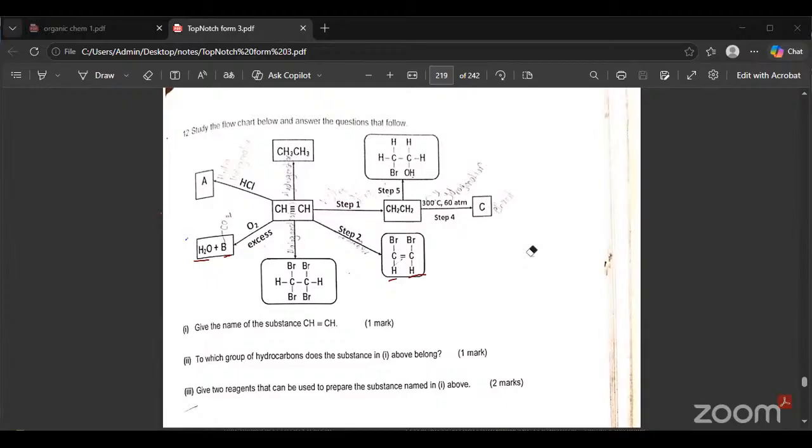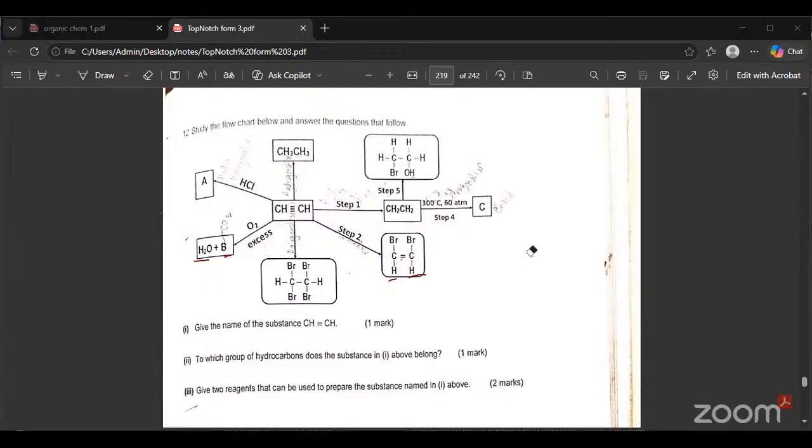Now, I want step 5. Hydrohalogenation. We have hydroxide na halogen. You know, this one, I didn't teach you this one actually. Na kuna OH. What is OH actually?